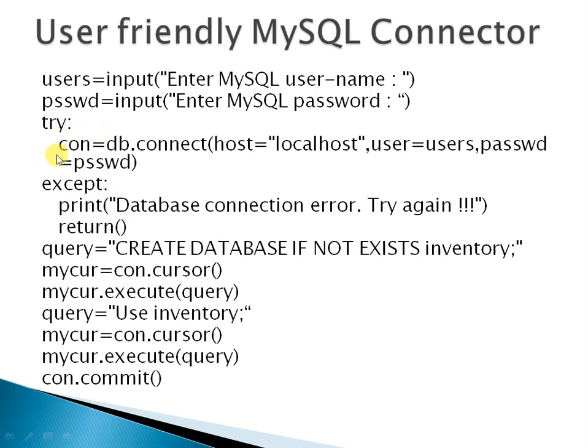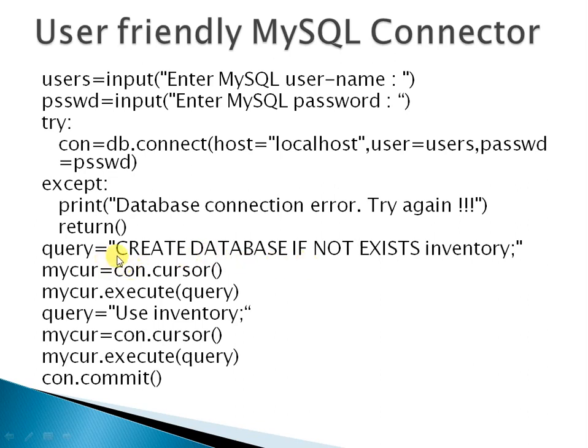So Python will try this code, and if there is any runtime error or any execution error, it will go to this except block. Okay, if there is no error, then it will follow the code that you have written after this except block. So if your database connection has been established, it will create a database using this query.